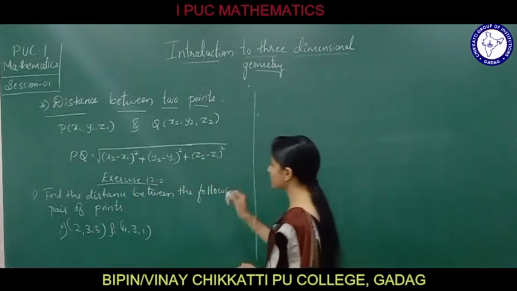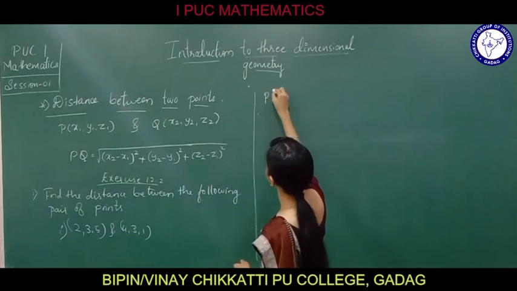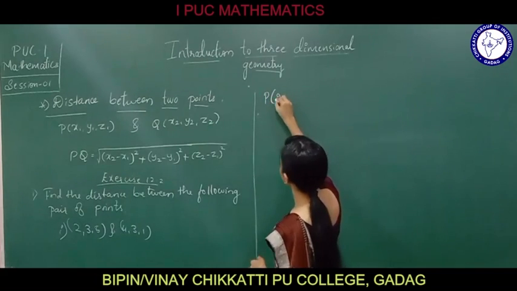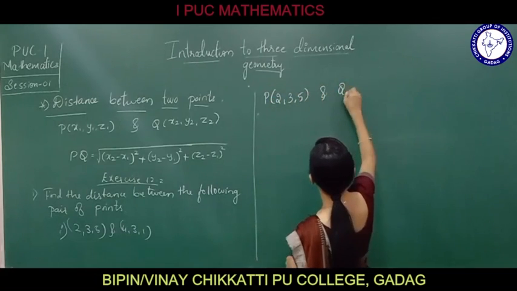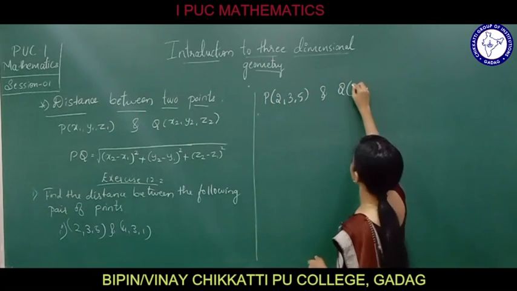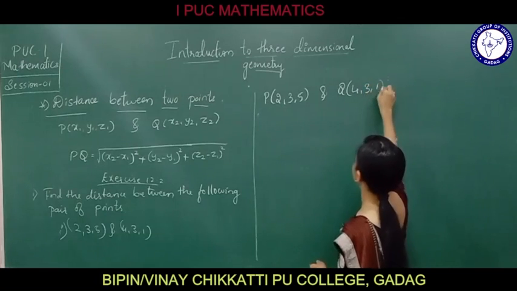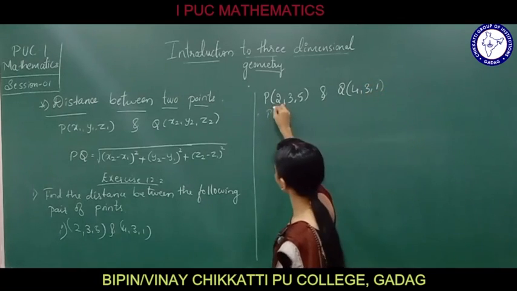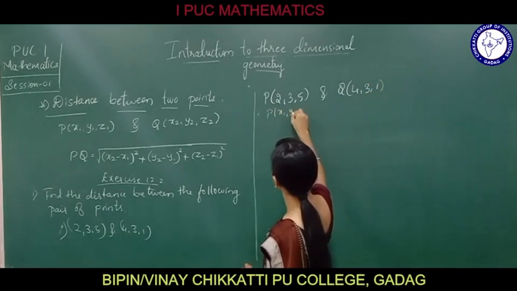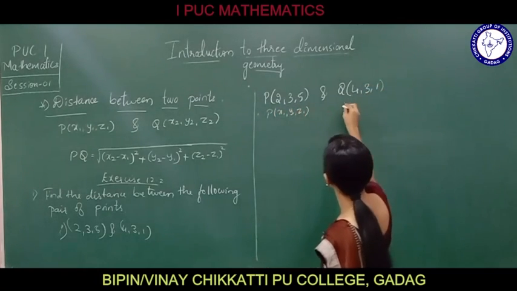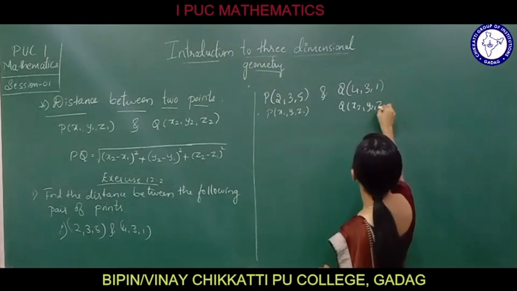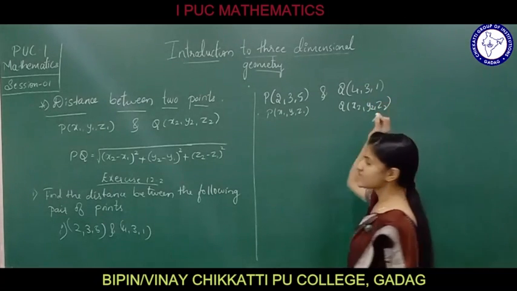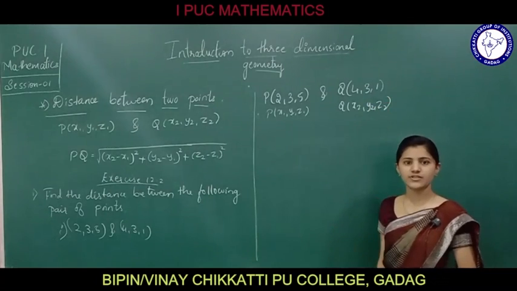Let those points be P of 2, 3, 5 and let the other point be Q of 4, 3, 1. It means it is going to be P of x1, y1, z1 and Q of x2, y2 and z2.